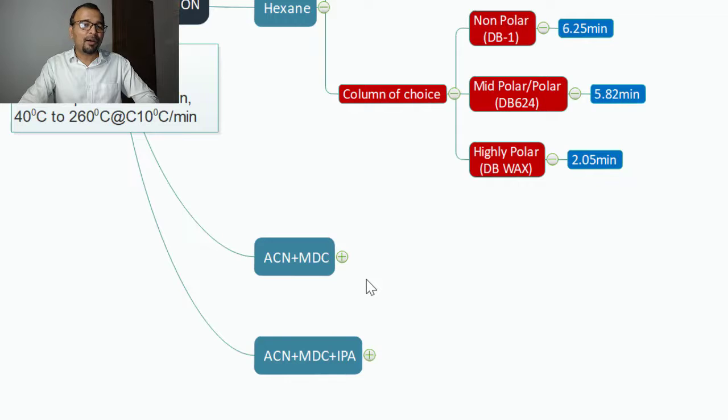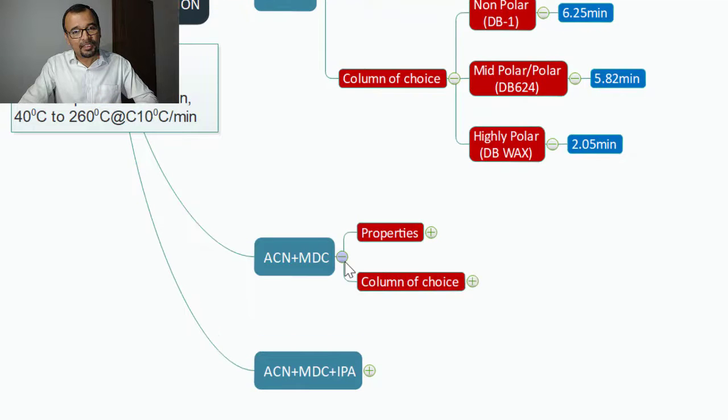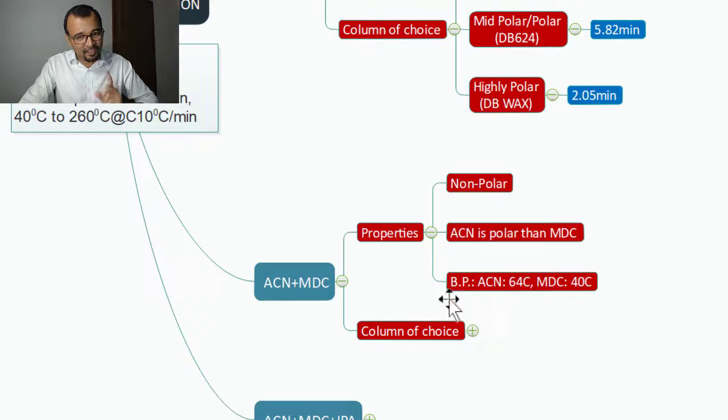So let us talk about the mixture of compounds containing acetonitrile and methylene dichloride. What are the properties of ACN and methylene dichloride? Here it is on the screen. Both of them are slightly non-polar, but ACN is more polar than dichloromethane.